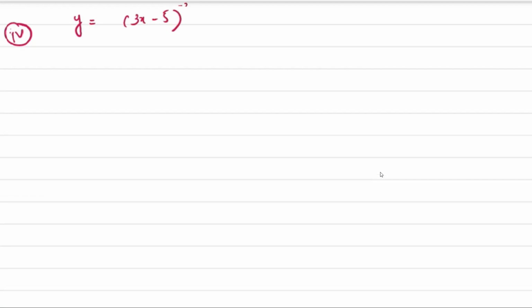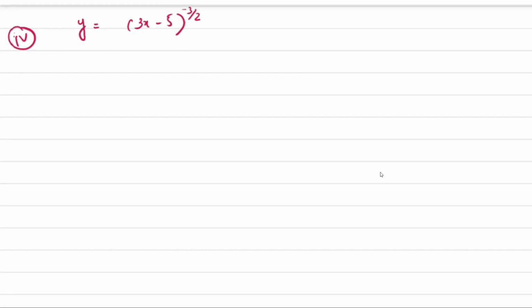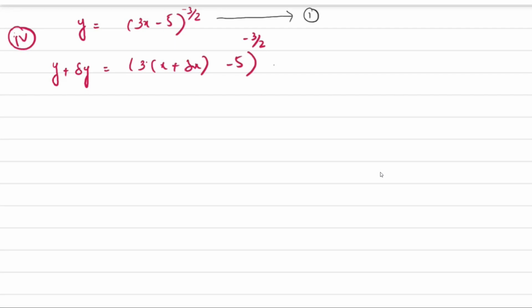Fourth part is y is equal to (3x - 5) raised to the power -3/2. And afterwards, you know that we are going to add delta y with y, and delta x with x. So this would be equation 1 and this would be equation 2.